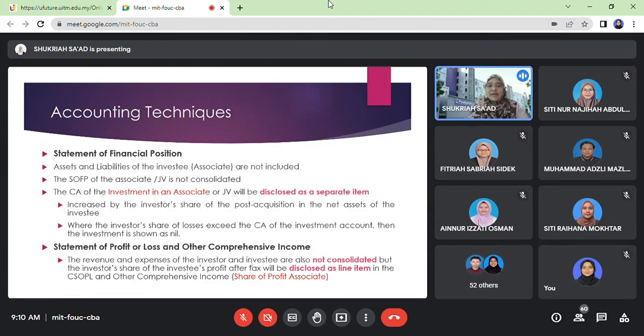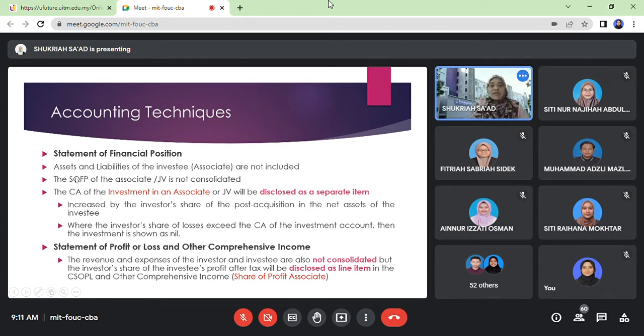In terms of the accounting techniques for the statement of financial position, assets and liabilities of the associate will not be included. If you are doing it for a subsidiary, assets and liabilities should be combined column by column, but not for an associate.